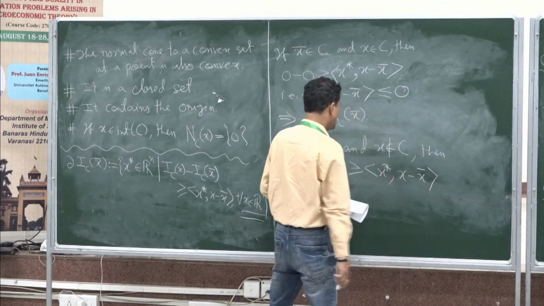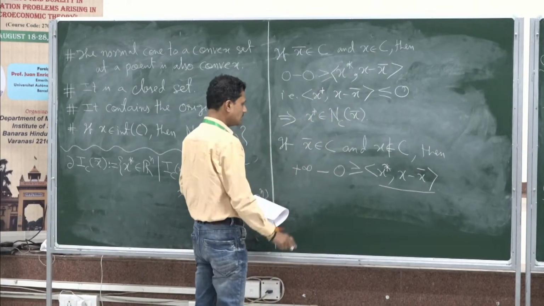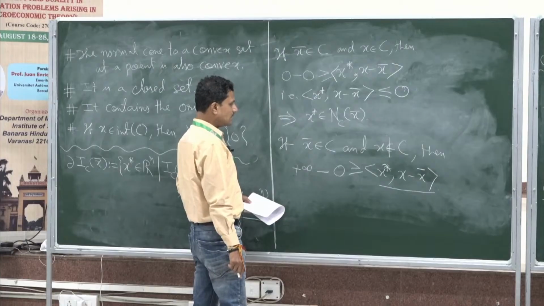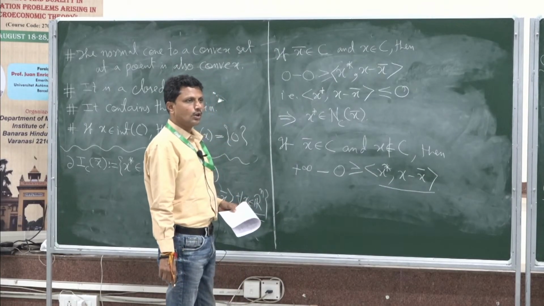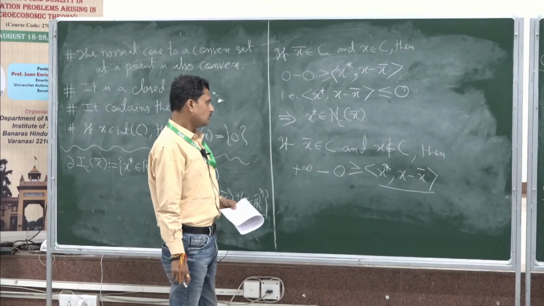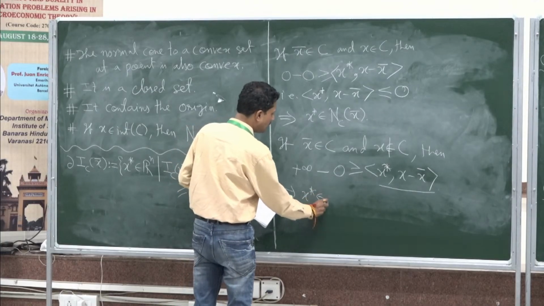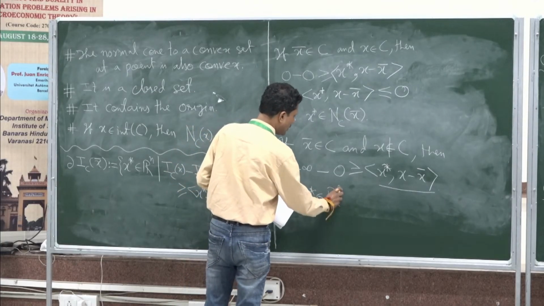But this value is less than or equal to plus infinity, which is always true. So it means that this x star belongs to Rn.